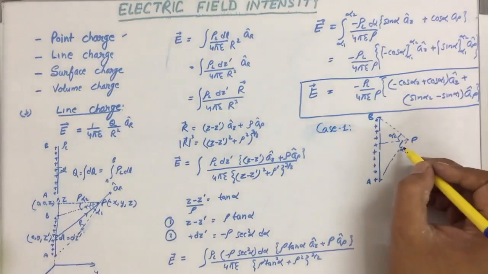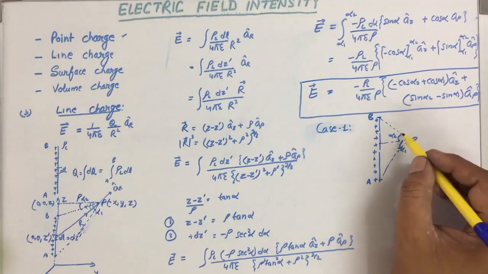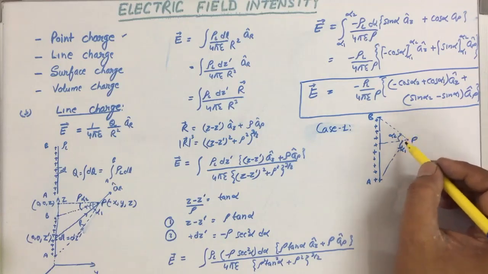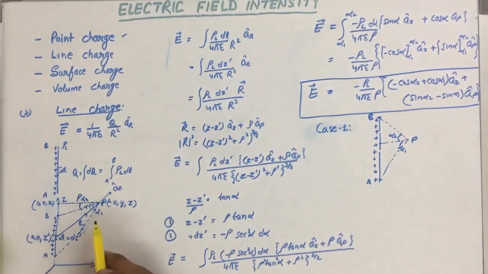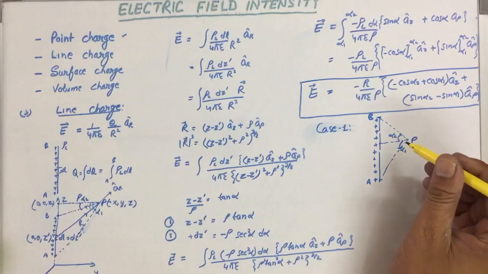Alpha 1 is moving in this direction and alpha 2 is moving opposite to that. Here one assumption has been taken, that we have considered anti-clockwise angular rotation as positive.